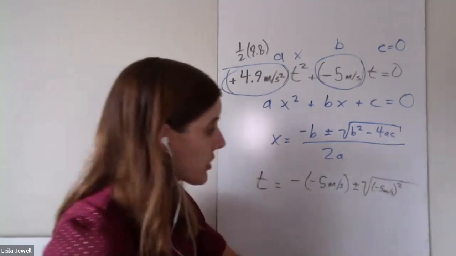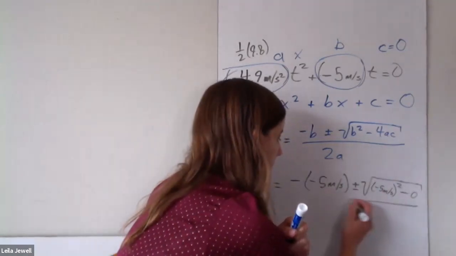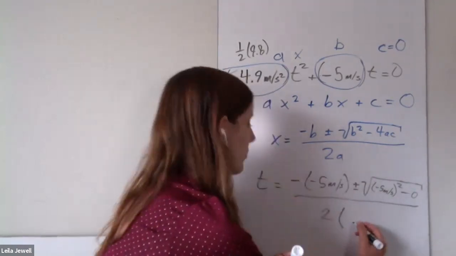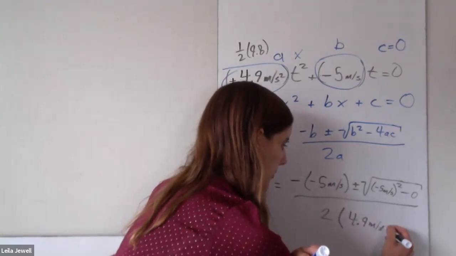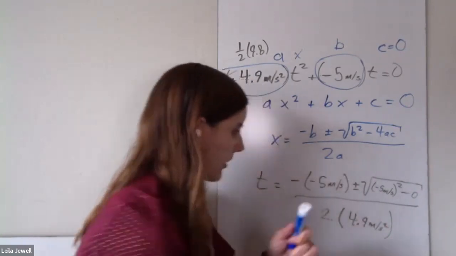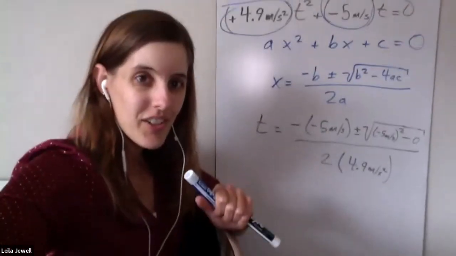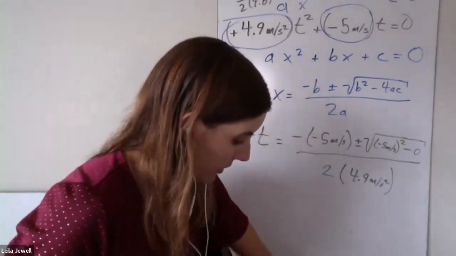So we're going to actually subtract 0 from this. And this is all divided by 2 times a, which is 4.9 meters per second squared. All right. So believe it or not, we are through the worst of this. It's going to get better from here.